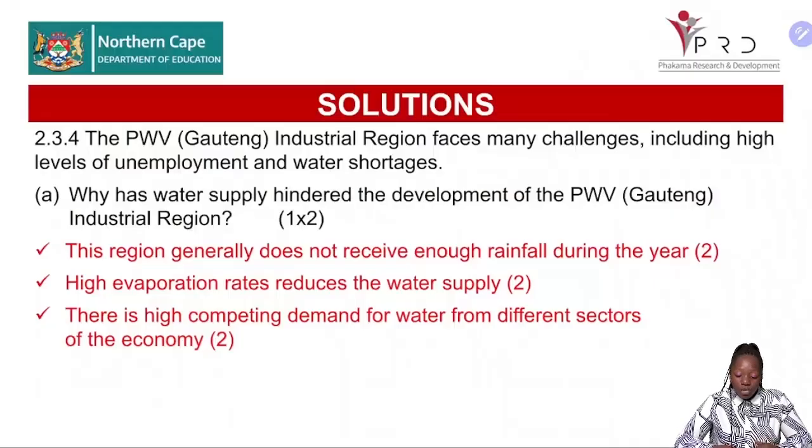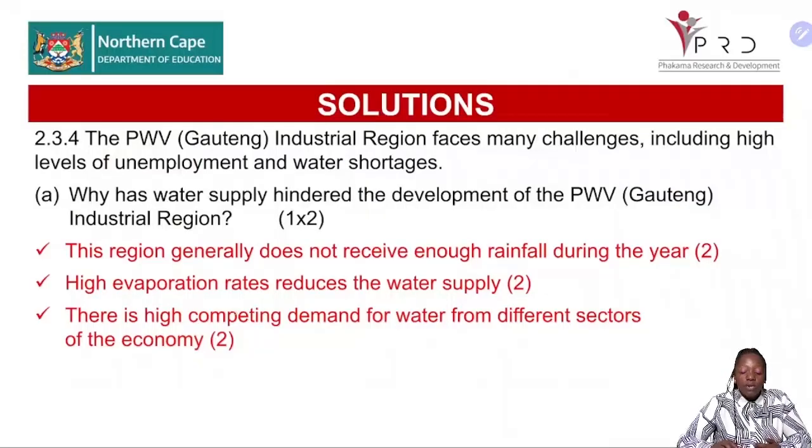So the water becomes a hindering factor in this region because it does not receive enough rainfall throughout the year. So if it does not receive enough rainfall throughout the year, even if there is that project or that scheme to transfer water, it is not enough.